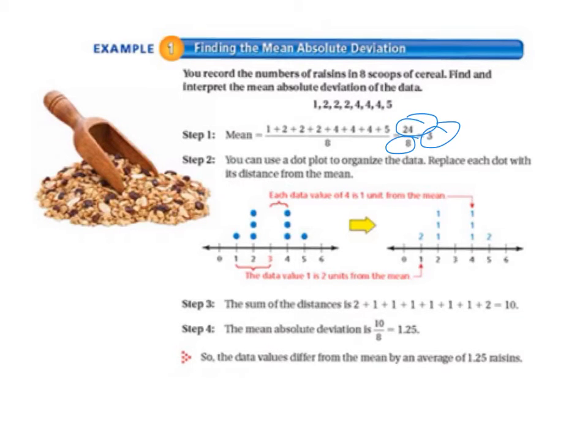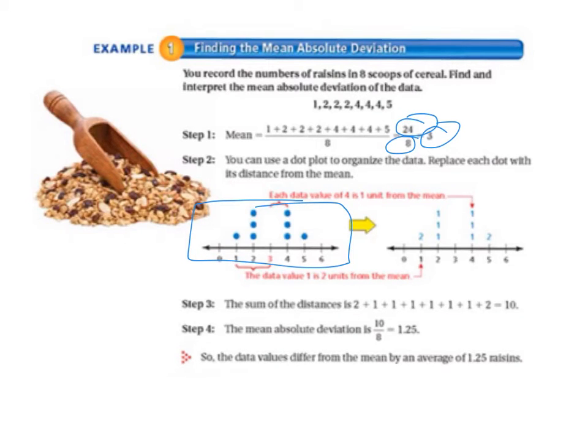And then step 2 is you can use a dot plot to organize the data. So it says replace each dot with its distance from the mean. So first of all, you make the dot plot like you normally would, and then you make another plot, and instead of dots, you use numbers.